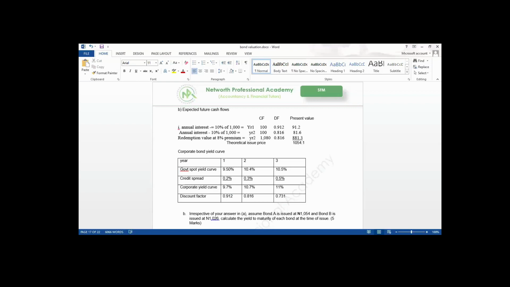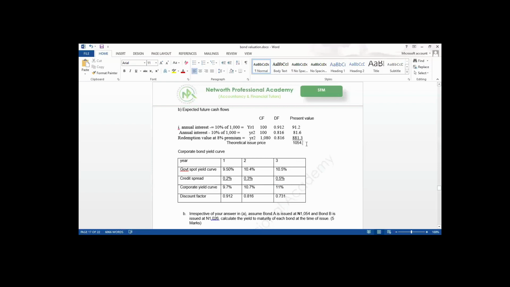To the nearest naira, what is your answer? It does not say give us the answer to 105.